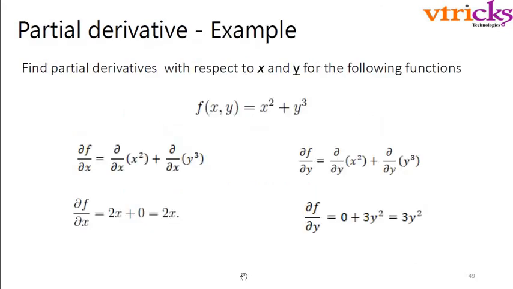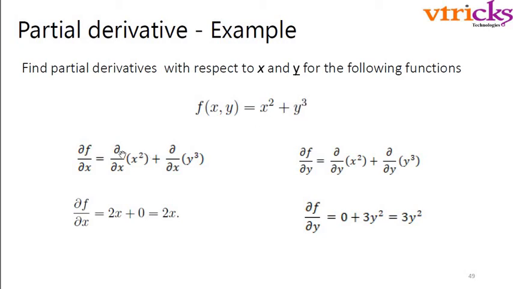So let us see how we find these partial derivatives with respect to x and y. Take the example f of x, y is x square plus y cube. As I said, when we find the derivative del f by del x, we are going to treat y as a constant, and we know that the derivative of a constant is 0. We are talking about the derivative of a sum of two functions.